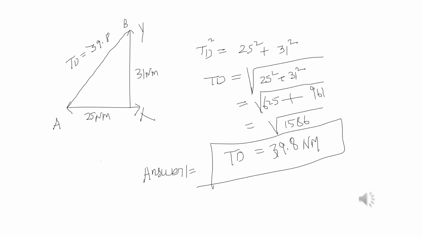That's the formula of the Pythagoras theorem. So TD squared equals 25 squared plus 31 squared. When we take the square root on both sides, we get the square root of 1586, which gives the final answer: the total distance is 39.8 nautical miles. NM means nautical miles, which is the unit for the flight.